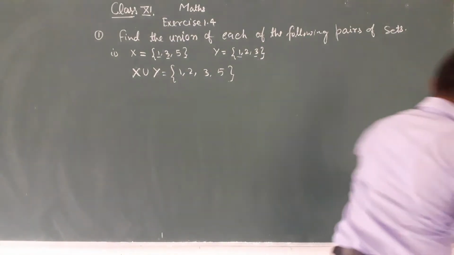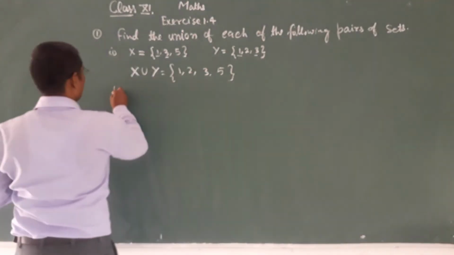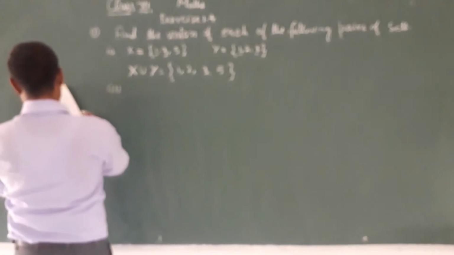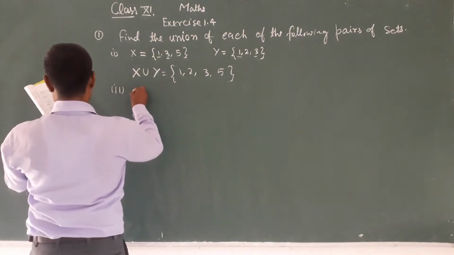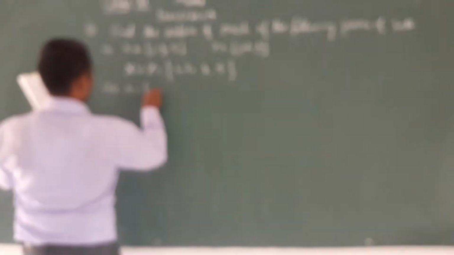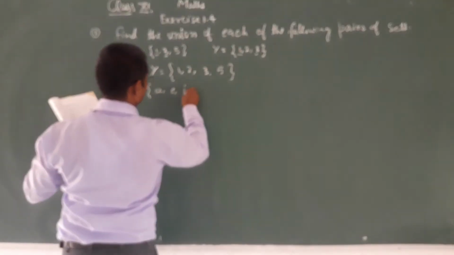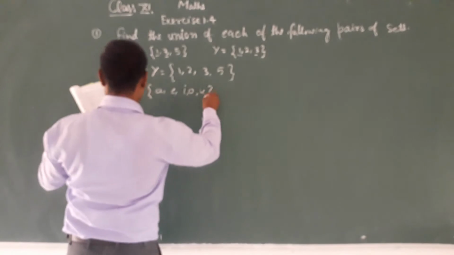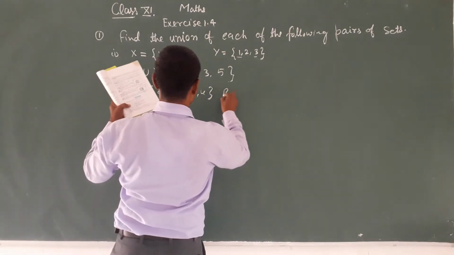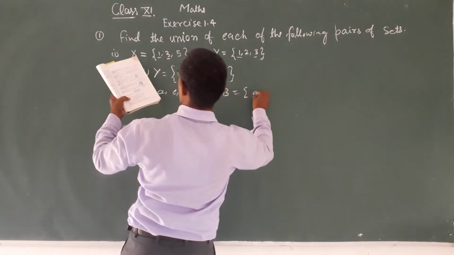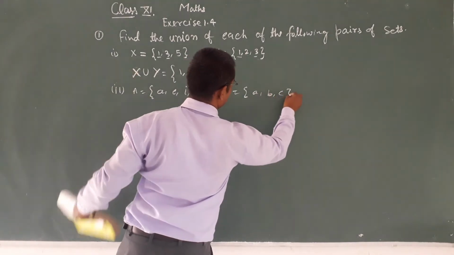And also question number 2, part a. Set A has elements a, e, i, o, u and another set B is equal to {a, b, c}.